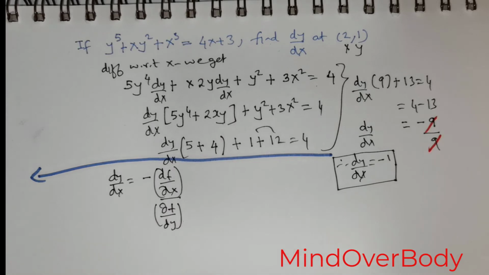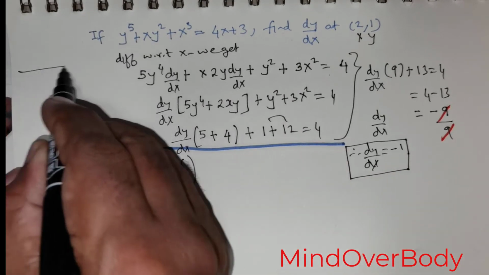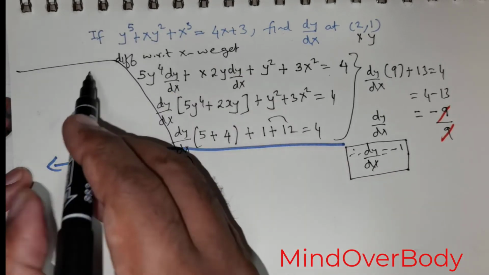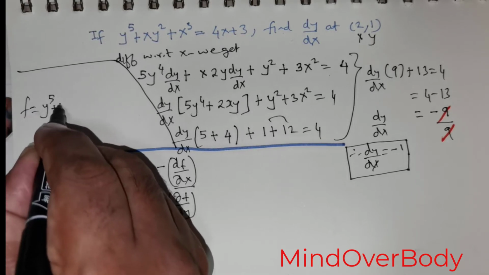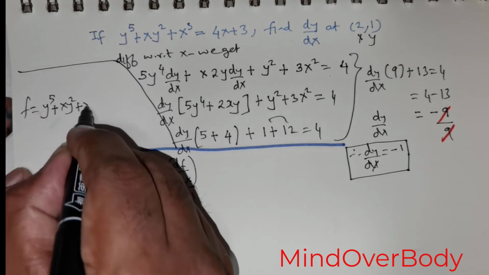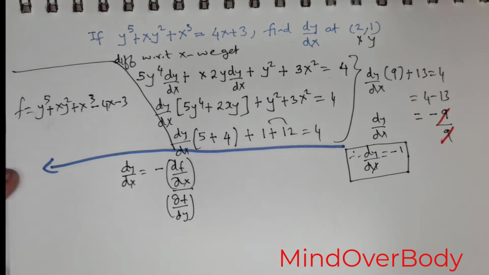So partial differentiation. For that, let me use this space over here. I'm going to rewrite this as f is equal to y raised to the power of 5 positive x times y squared positive x raised to the power of 3 negative 4x negative 3.